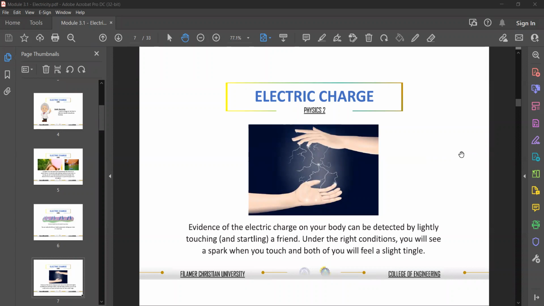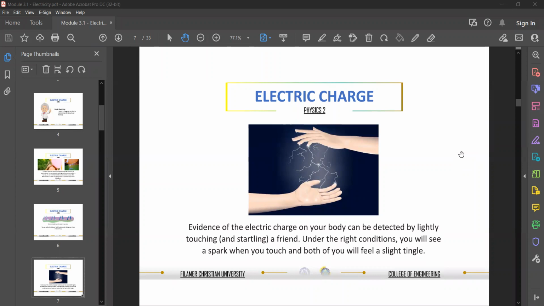Then accidentally natandog mo yung friend mo, and then parang may spark. Sometimes it's caused by friction of these electric charges.